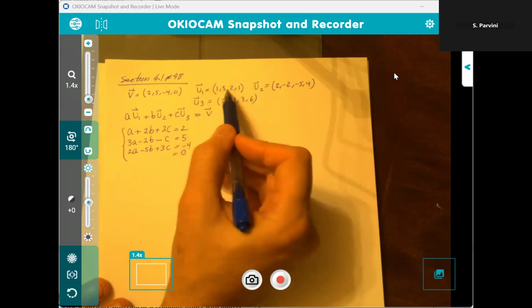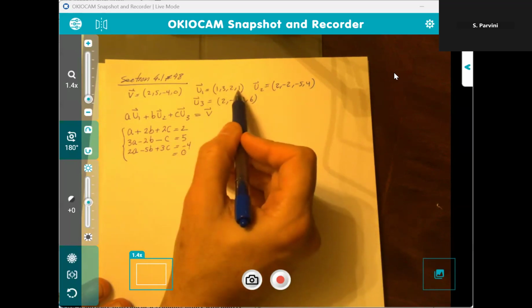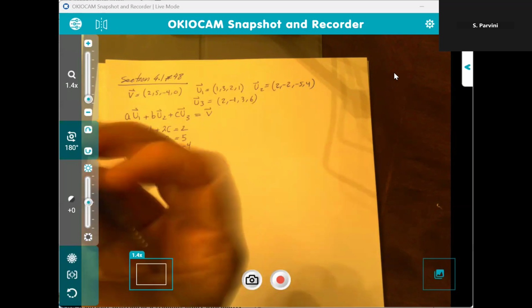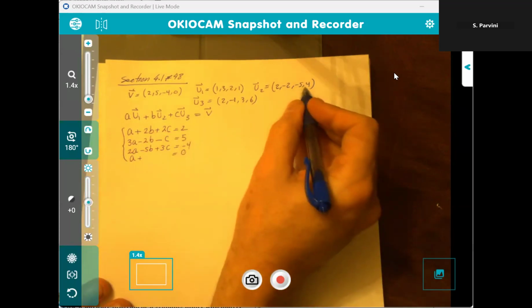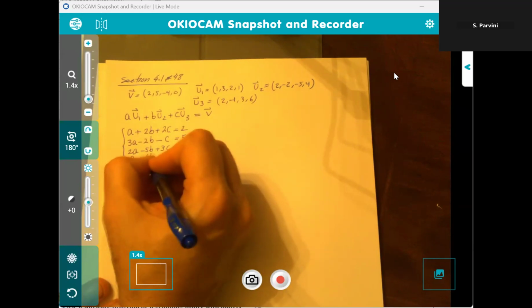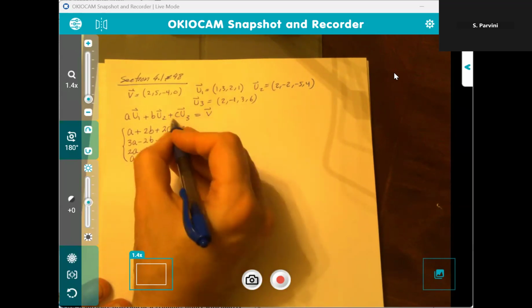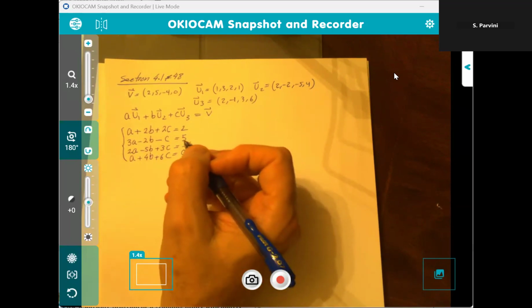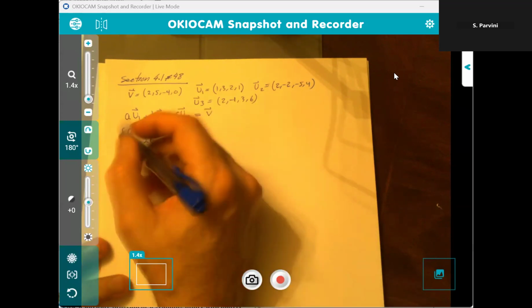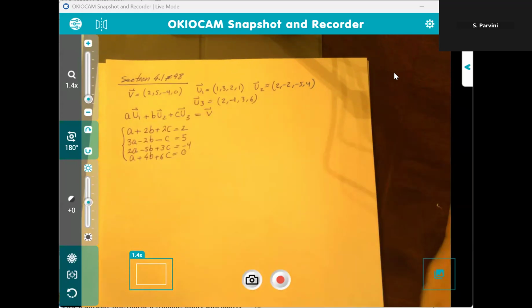Now the fourth components of U1, U2, U3: 1 times A, so that's just A, plus 4B plus 6C, right, equals 0. Now, I need to solve this system, correct?